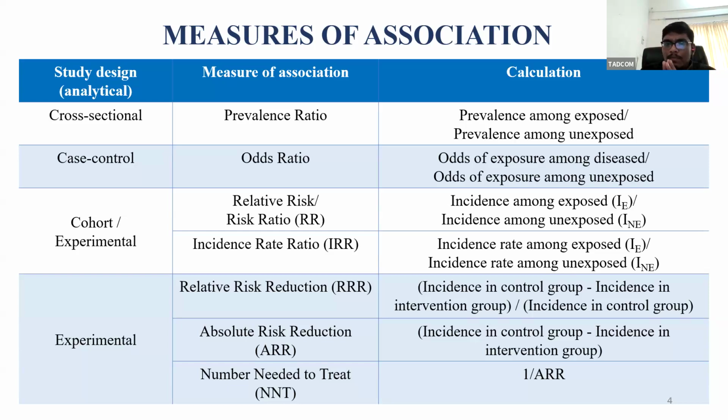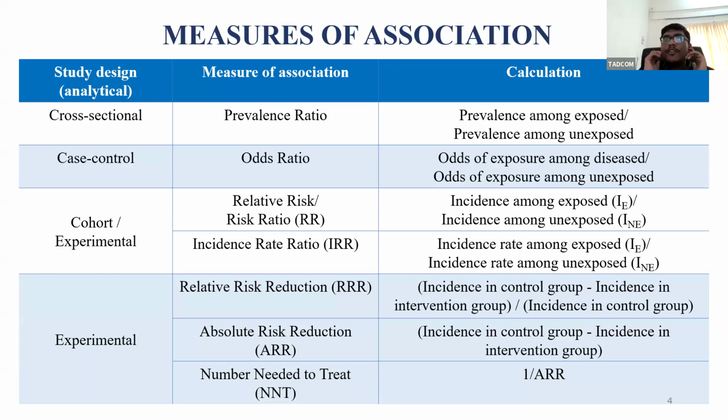But what is this measure of association concept? What is the interpretation we have to give based upon that? If odds ratio is greater than 1, it means there is an association, or a positive association. If the odds ratio is equal to 1, there is no association. If it is less than 1, we tend to say a negative association is present.